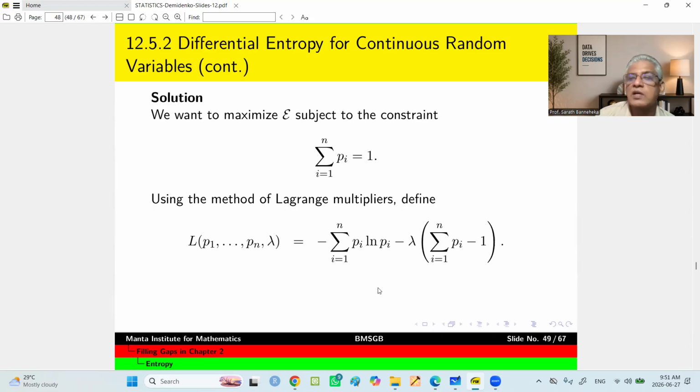This is the quantity that we want to maximize, and this is the condition under which we want to maximize it. In general, we write down the Lagrangian function as the quantity to maximize, or in general it may be to minimize also, but in this case it's a maximization, minus lambda times the constraint written as an equation.